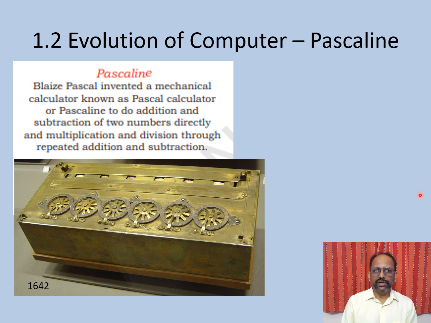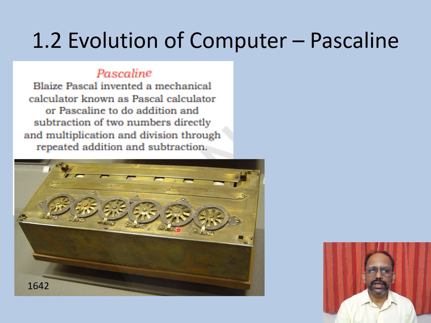A remarkable development happened in the year 1642. Blaise Pascal invented a mechanical calculator known as the Pascaline. This device performed addition and subtraction of two numbers, and multiplication and division through the repeated addition and subtraction method.